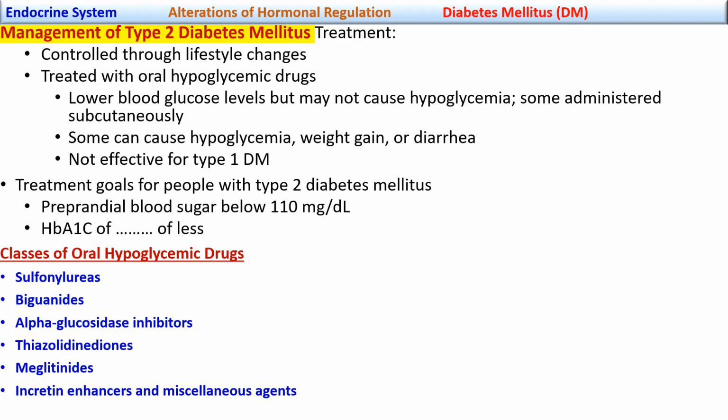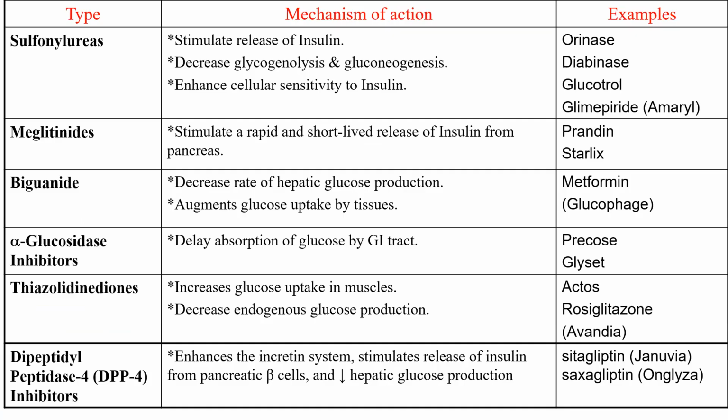Preprandial means before meals, so pre-meals. And then the hemoglobin A1C of 6.5% or less.